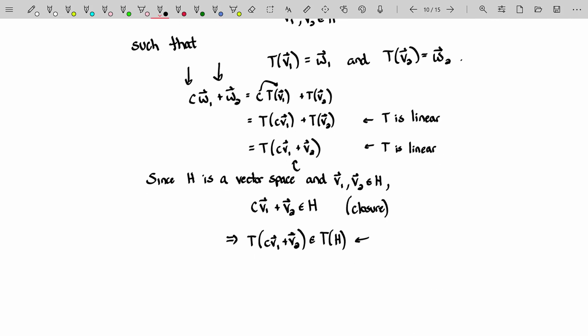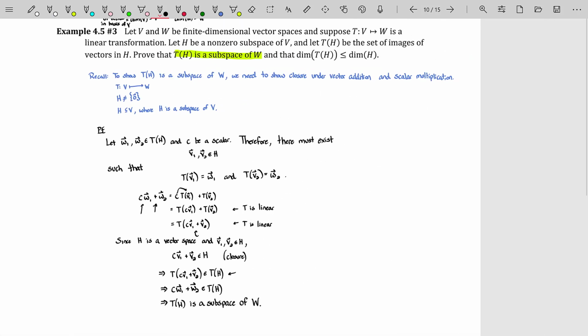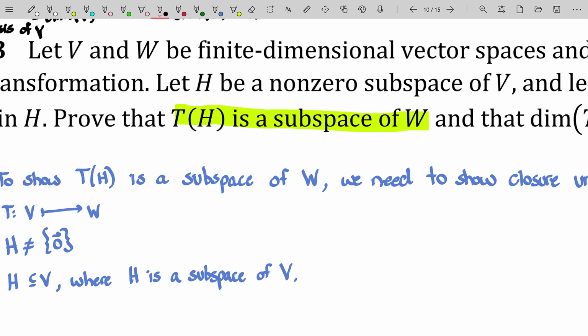That statement is actually in T of H. So I've taken the sum of two vectors and a scalar multiple of a vector from T of H, and the result is in T of H. That implies C times W1 plus W2 is in T of H, and therefore T of H is a subspace of W. All right, not too bad. Now, what else did we have to do in this problem? We've actually checked off that first piece, that T of H is a subspace of W.